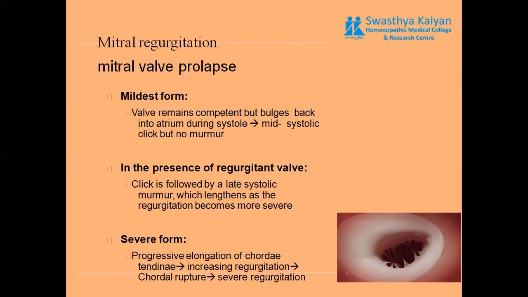Now, the click is related to the closure of the valve, but the murmur is related to the backflow of the blood to the atrium. And in the severe form, progressive elongation of the chordae tendineae may occur, increasing regurgitation, leading to chordal rupture and severe regurgitation.